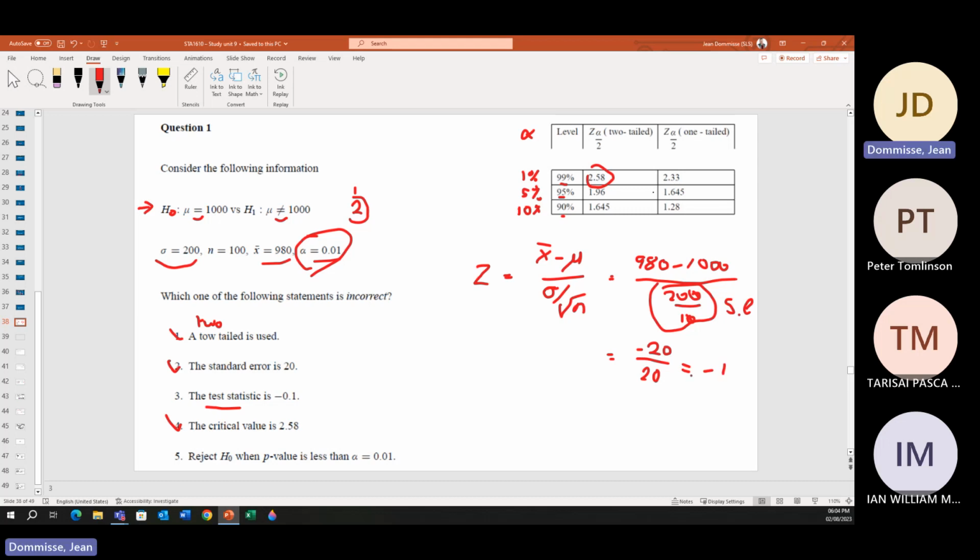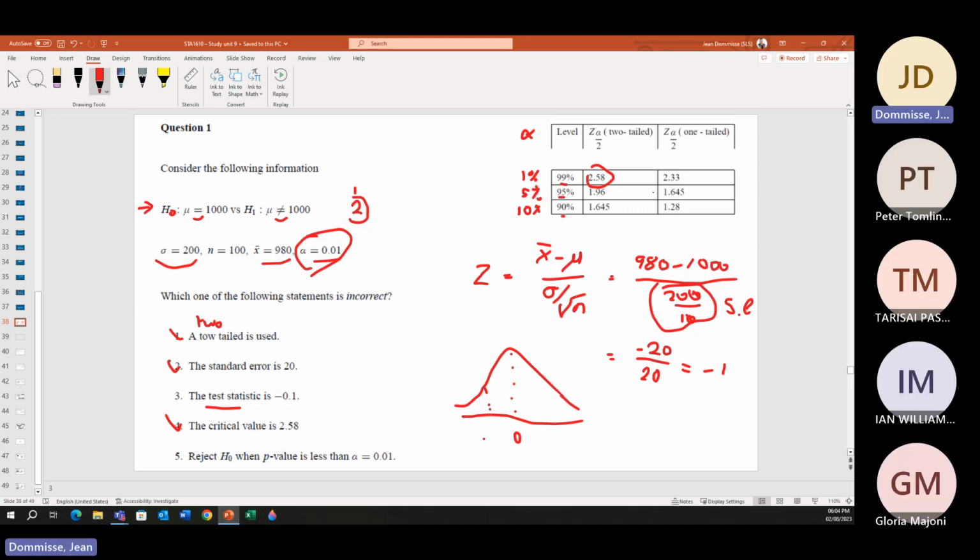Okay, so minus 20 divided by 20 is minus 1. So here we have your Z calculated as minus 1.